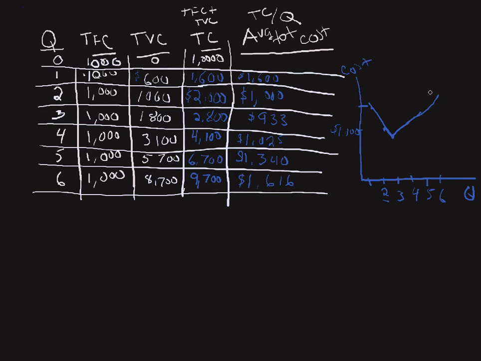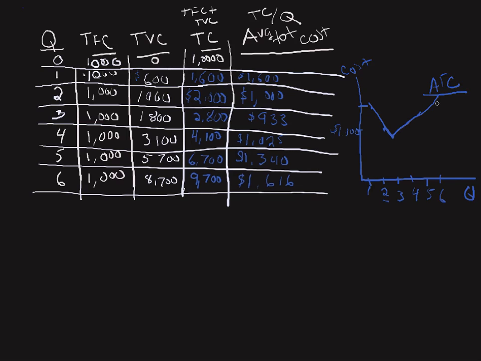This particular line is our average total cost line. This is going to be important as we move forward trying to understand the firm and its cost structure. Here it goes. We've got our first unit, average total cost. It starts to decline. Why? It starts to decline because these extra units of variable resources are more productive, so our average total cost goes down.